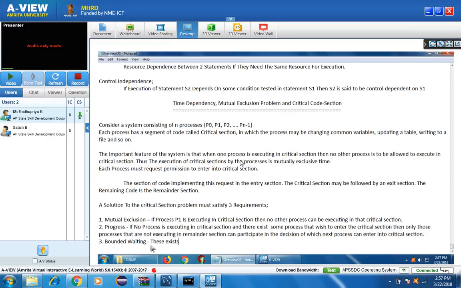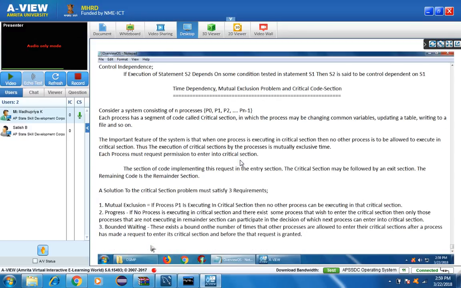Here, there exists a bound on the number of times that other processes are allowed to enter their critical section after a process has made a request to enter its critical section and before that request is granted.